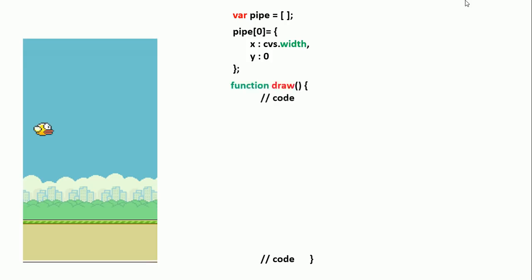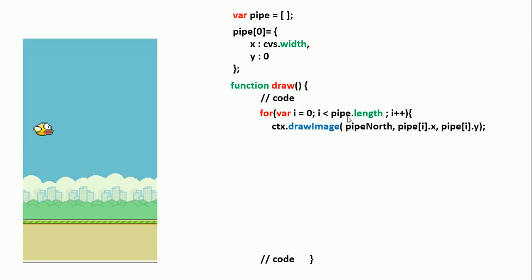So for that we will set an array called pipe, and we will initiate this array with these coordinates. The X position will be the canvas width and the Y position is 0. Now inside our draw function, beside the code we already typed, we will use a for loop to loop all over the pipe array.